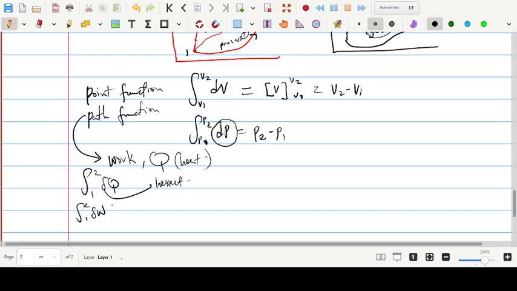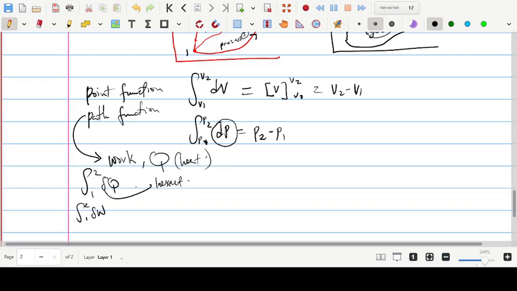If you are asked to distinguish between a point function and a path function, point functions are the properties that can be located on the graph. That's one. But a path function cannot be located on the graph. Another point is that for point functions, their differential is exact, but for path functions, their differential is inexact.